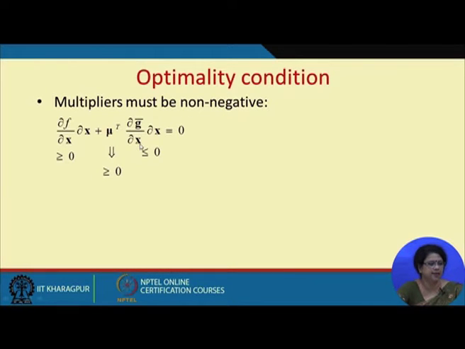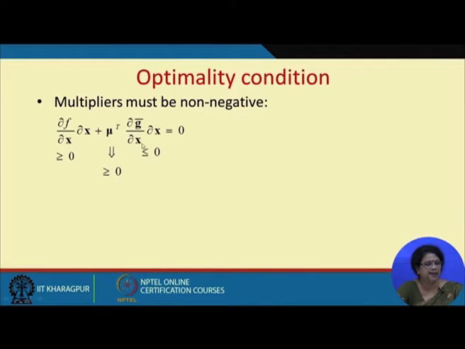If we consider a small perturbation over x, then we can multiply both sides with del x, and del x is in the feasible direction only. Then this is always positive and this will be negative.